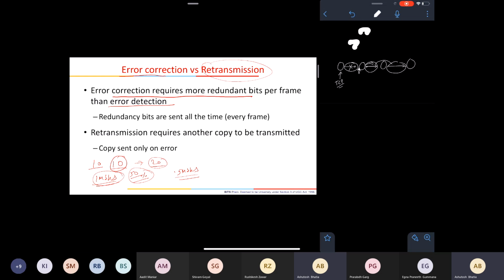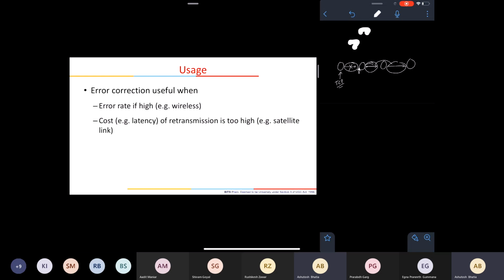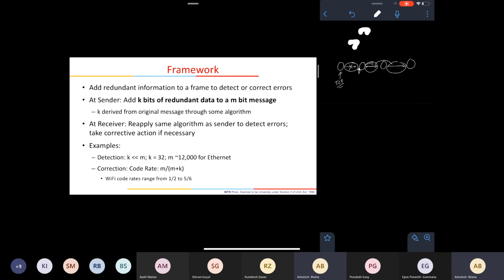Good, so this is what actually happens in the system. Error correction is useful especially in wireless, because wireless has a higher error rate, and also when you have a higher link delay, especially in satellite communication.